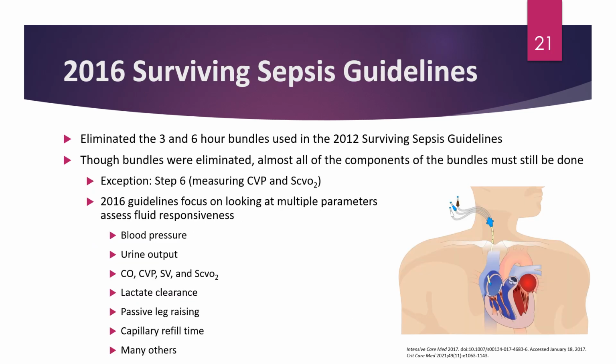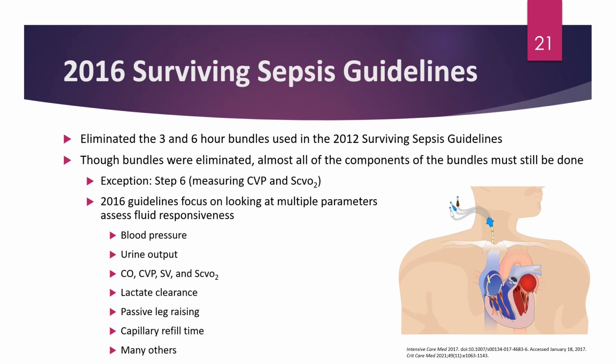So the Surviving Sepsis Guidelines of 2016 updated things a little bit. They didn't necessarily address everything as bundles in the 2016 guidelines, but they pretty much kept most of the elements of the 2012 guidelines, the exception being step 6, where they did not necessarily mention or address having a mandated requirement for obtaining CVP and ScvO2, though those are still commonly done, particularly CVP.